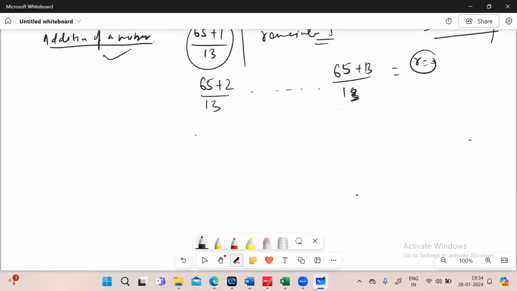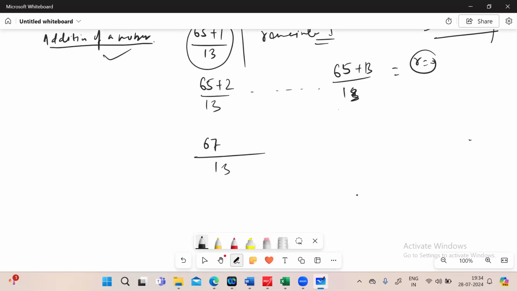And if there is already a number which has a remainder, like 67, I know if I divide 67 by 13, it will give me remainder 2. And then I'll add any number which will give a remainder of 4.